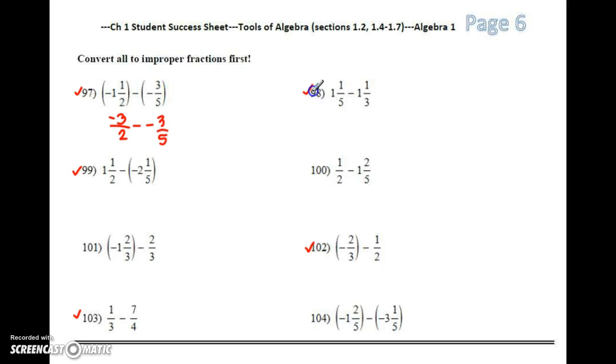All right, so the next one, 5 times 1 plus 1 is 6 over the denominator. 3 times 1 is 3, plus 1 is 4 over its denominator. 2 times 1 is 2, plus 1 is 3. 5 times 2 is 10, plus 1 is 11.